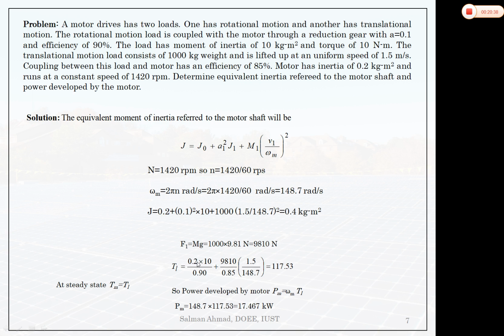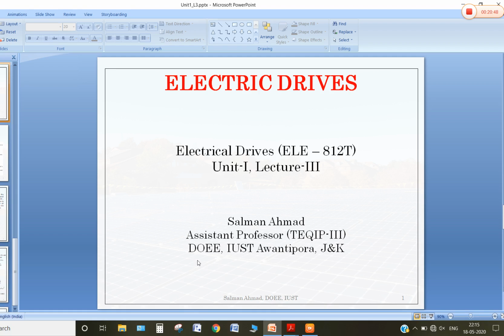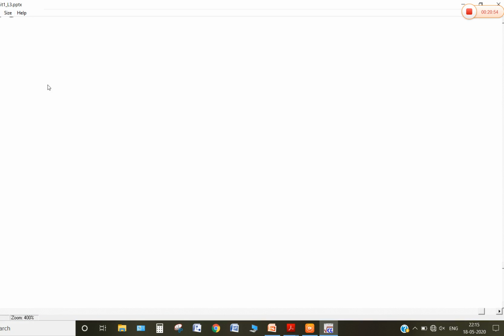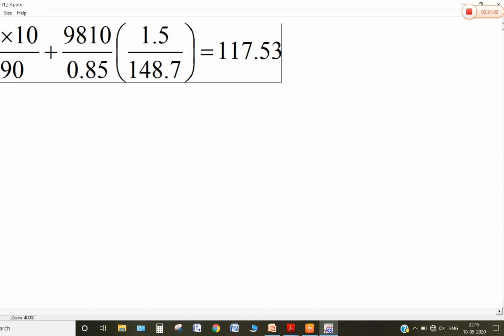Once you have the load torque, multiplied by omega m, it will give the power developed by the motor. In this problem, substitute 0.1 instead of 0.2. You have to substitute 0.1 here.